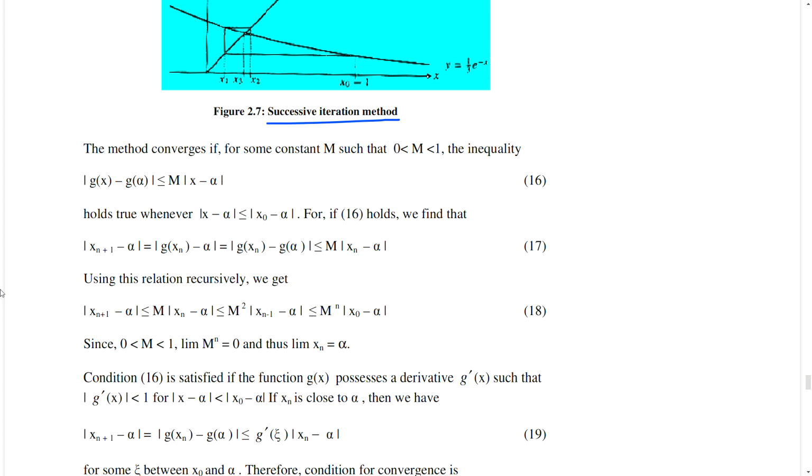Using this relation recursively, we get |xn+1 - alpha| <= m|xn - alpha| <= m^2|xn-1 - alpha| <= ... <= m^n|x0 - alpha|. Since 0 < m < 1, limit m^n = 0, thus limit xn = alpha.